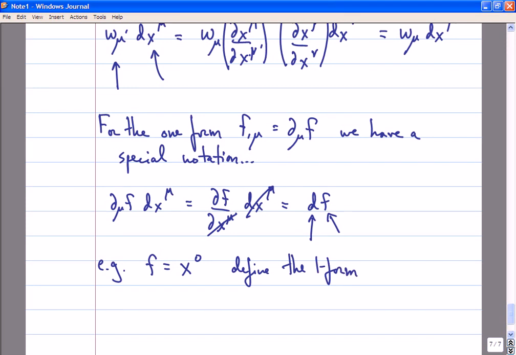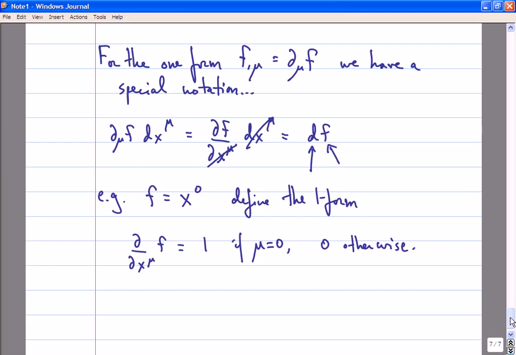So what are the derivatives, d by dx mu, of the function f? Well, that's equal to 1 if mu is equal to 0, and 0 otherwise. And we have a special name for that one form. We call that one form dx0. So that is the special notation that I will use for this one form.